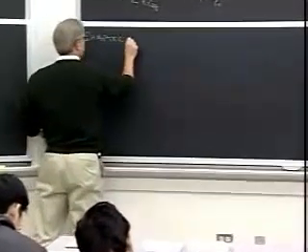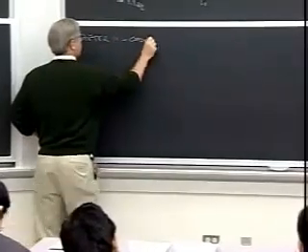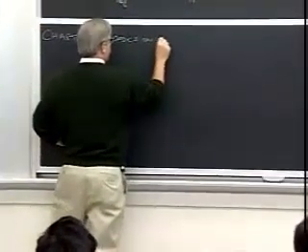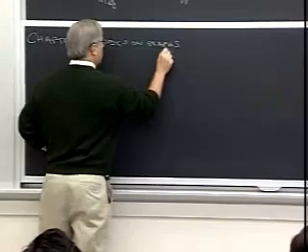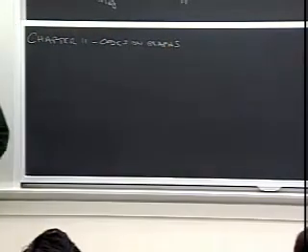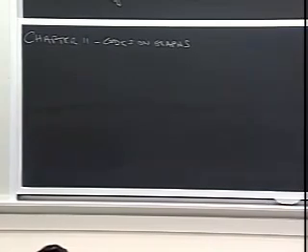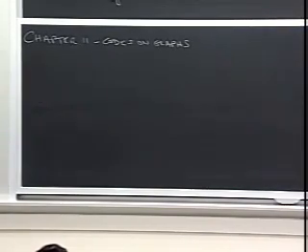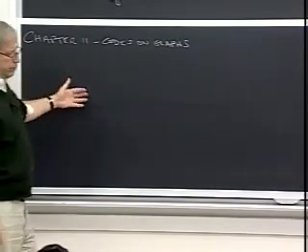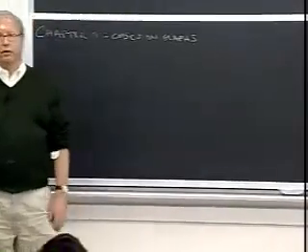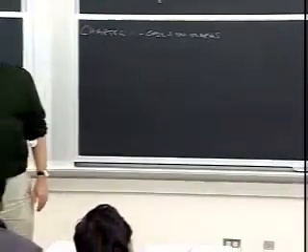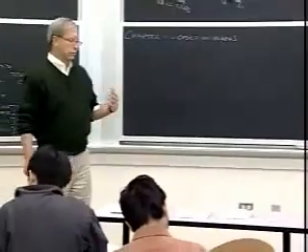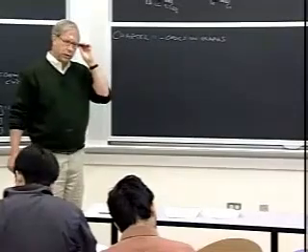Chapter 11, Codes on Graphs. And now we begin our final stretch drive towards capacity approaching codes, which is going to be the subject of the next 3 chapters. First, Chapter 11 is sort of the beginnings of codes on graphs. We're going to look at some elementary representations.